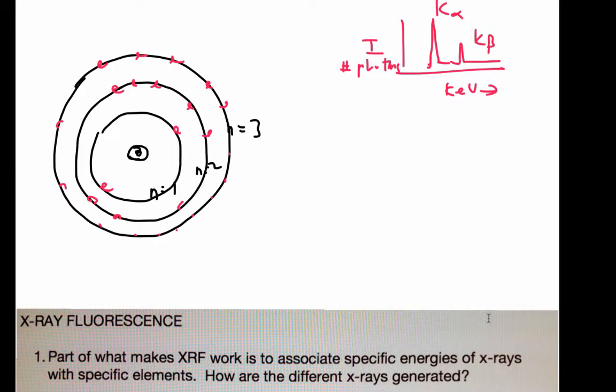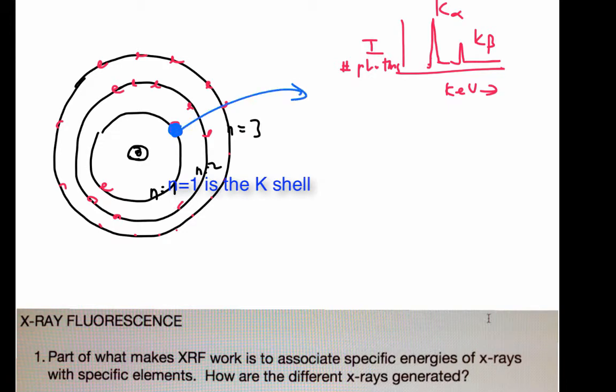These two K emissions come from, first of all, an incoming photon knocking an electron out of the inner shell, so that we're left with essentially a missing electron from here.